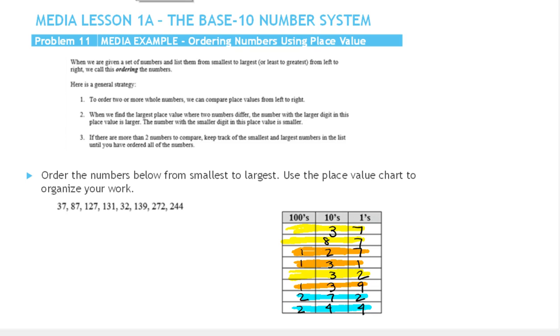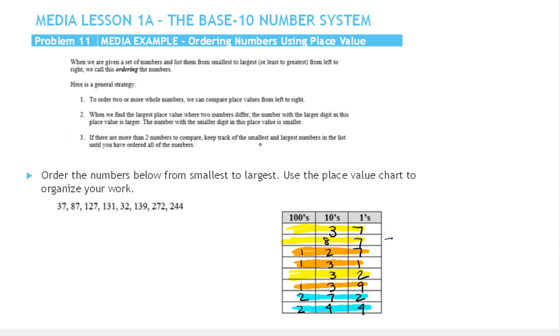But I also need to sort them within groups. So I'm going to start with the smallest group. We have 37, 87, and 32. Now looking at their largest place value that's non-zero, the tens place, we have 3, 8, and 3. So right now, I'm not sure about these two numbers. They're tied in the tens place, but 8 is definitely the largest of these three numbers in yellow.